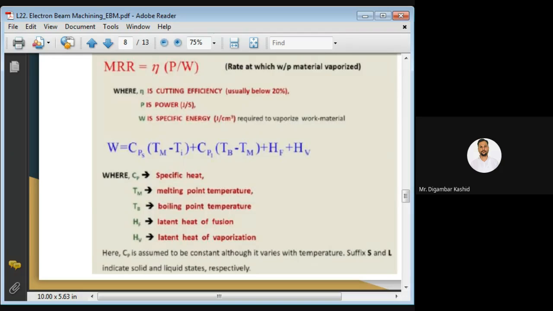For our knowledge purpose, we should know the formula. Wait, one minute, I will tell the name of that paper also.